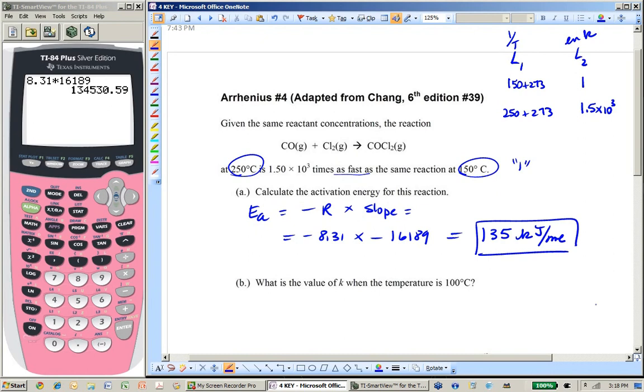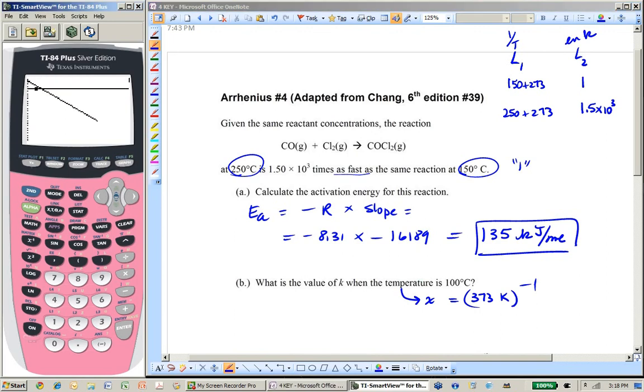So you know x, agreed? It's an x value, and 373 is what it will be in Kelvin, and we need to take that to the -1. So I go to my graph, which is still set up at L1, L2, but it's got the wrong stuff in it. I don't think I pasted. Okay, so I'm going to go ahead and paste that, run it again and paste it into Y1.